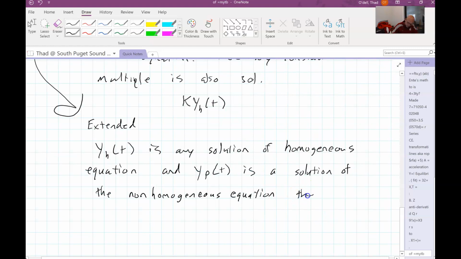Then y sub h of t plus y sub p of t is also a solution.